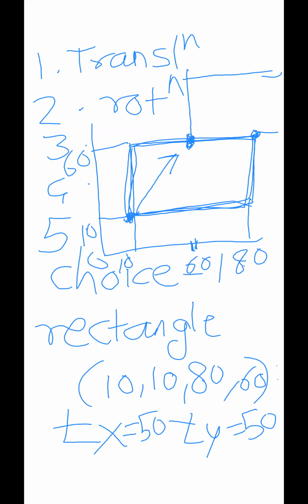So you need tx and ty, and your job is just to add 50 to these 4 parameters, 10, 10 and 80, 60. When I add 50 to all these 4 parameters, I will get the new parameters of the rectangle.